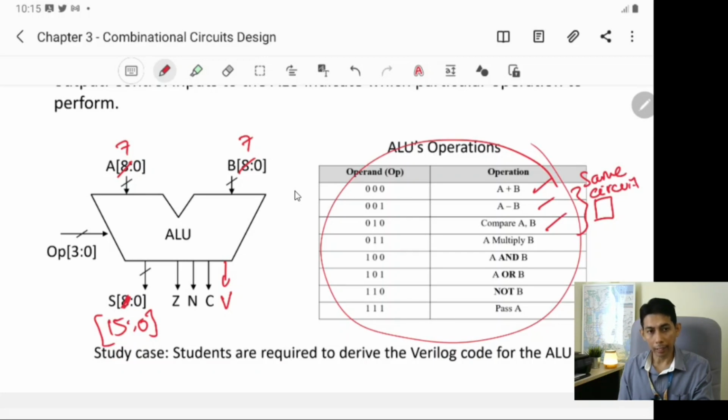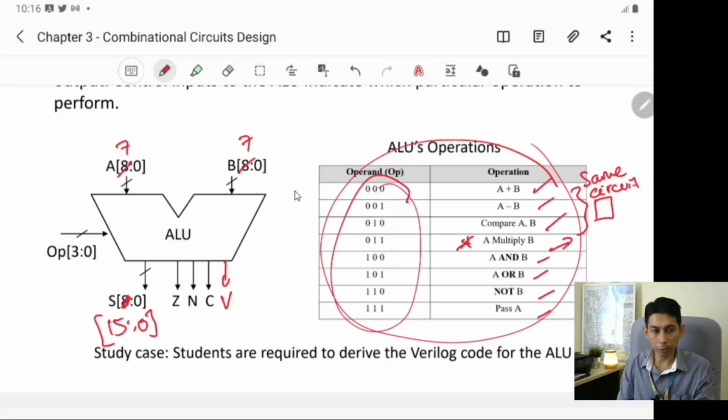Add, sub, and compare actually use the same circuit. And the multiplier, we learned just now that we can design a multiplier. Of course the multiplier is the big one, the most costly one. And A and B, yes, we can have A and B. And we have A or B, we have not B, we have pass A.